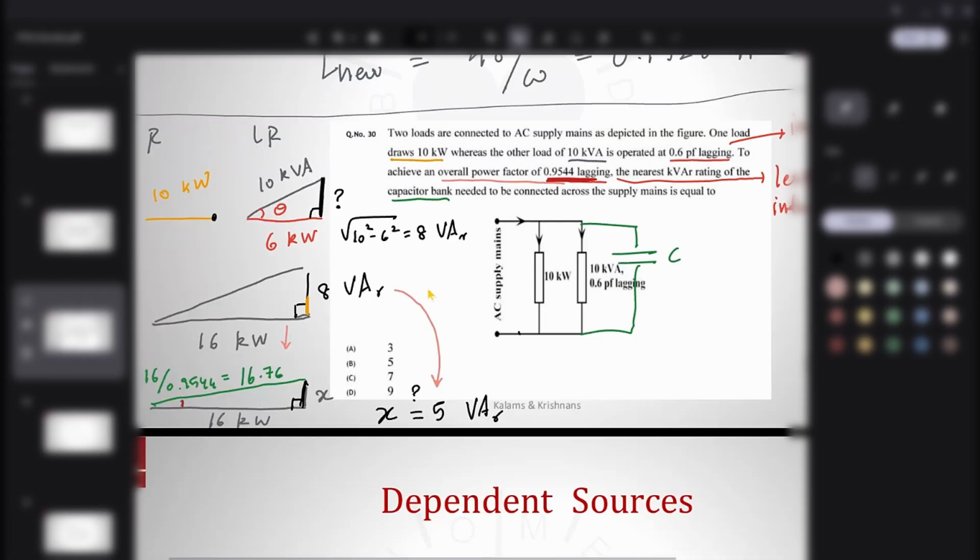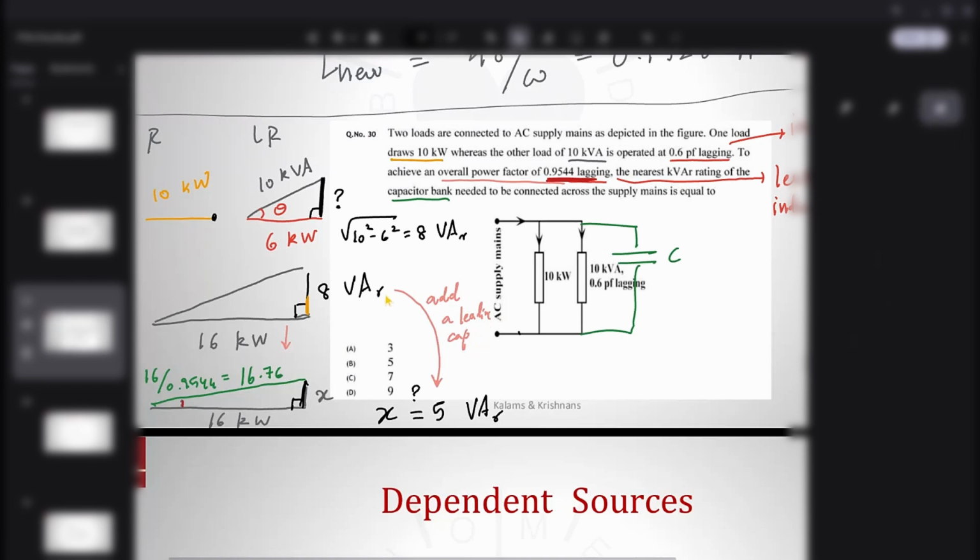So you should add a leading capacitor. It's a negative height, no base, only negative height. Leading capacitor, right? What is the correction you are doing?